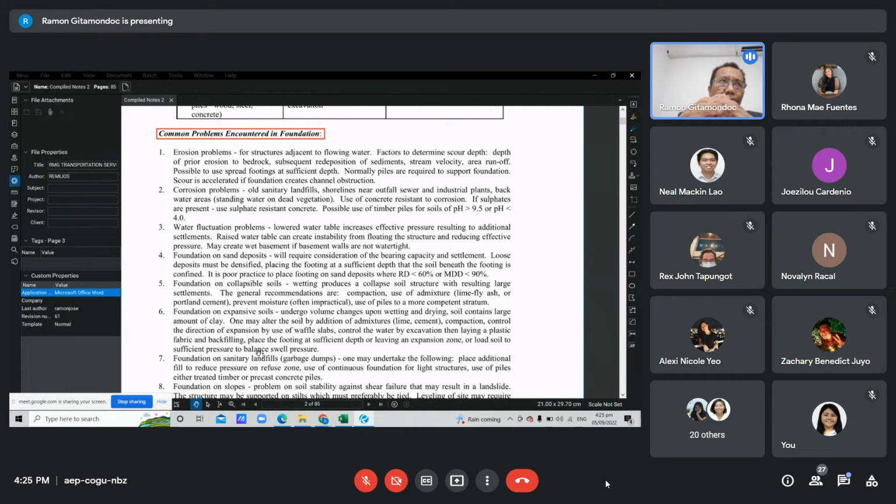Here, for example in Ayala Business Park, there are some buildings where they have a problem with leaks in their basement during heavy rains.